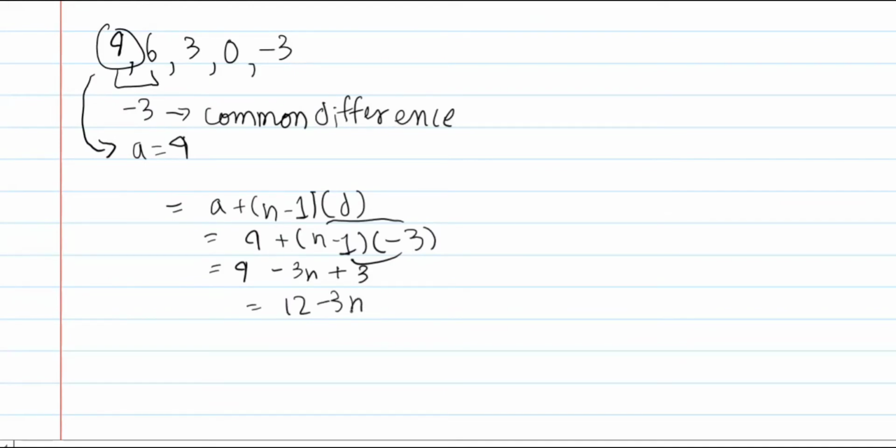Now let's check if this formula works. So our first term is 9. So 12 minus 3, and since it's the first term, we'll use 1 as the value of n. 12 minus 3 is 9.